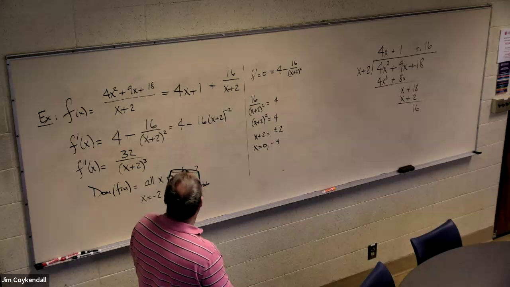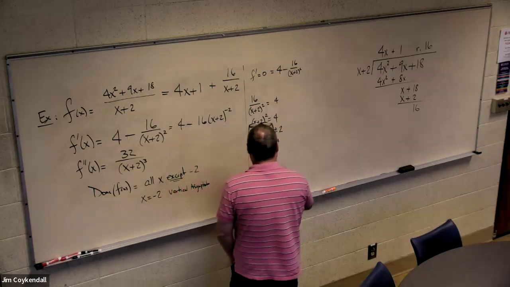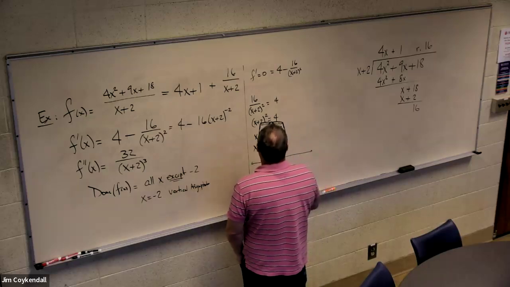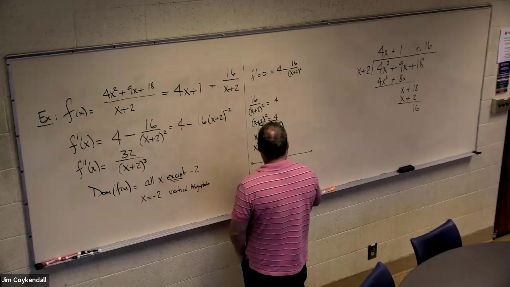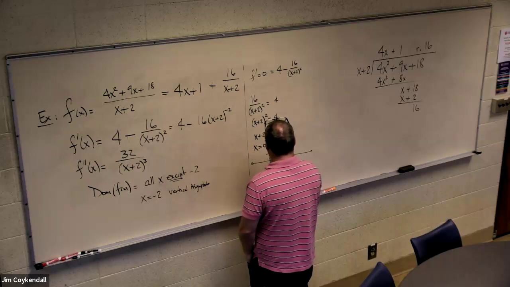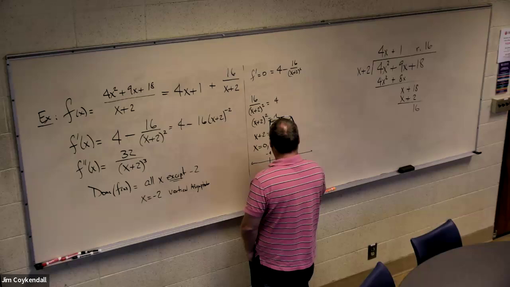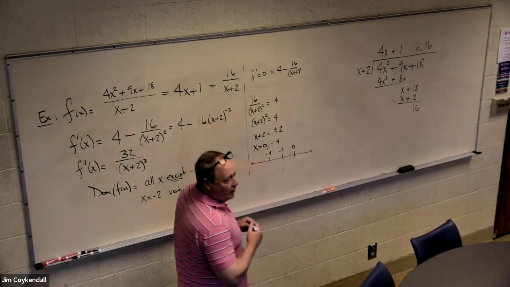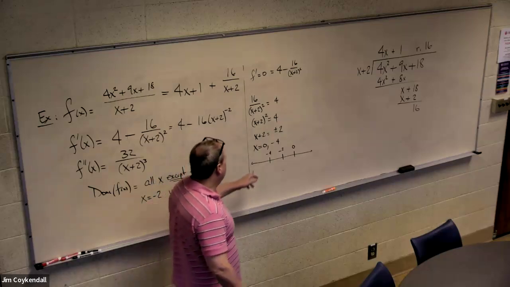So if I were to analyze the first derivative, I think I should be thinking about negative 4, negative 2, and 0. Now, the only critical numbers are 0 and negative 4.